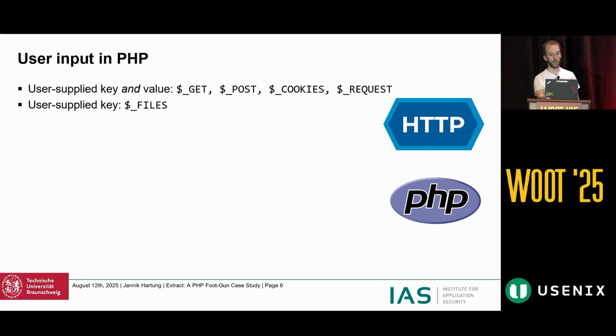The first ones are for the actual values that you can control in the parameters, and the keys and the values are controllable by you. The request one at the end is, by the way, only a merge of the first 3. So GET, POST, and cookies are all available in the request.